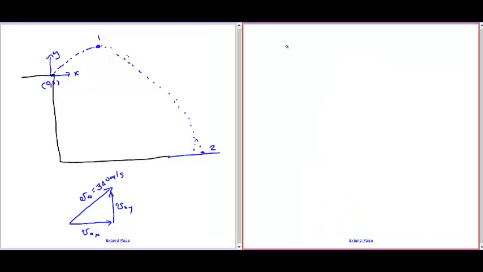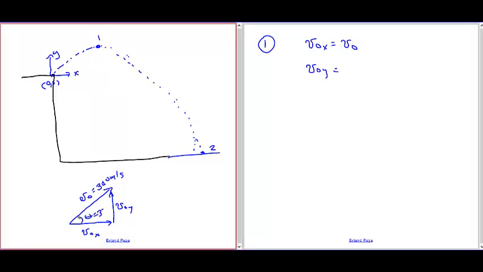So the first part of the problem, we have an initial velocity. We have v0x and we have v0y. We can calculate those by taking v0 and multiplying by, well, let's put theta in here. Theta is 33 degrees.